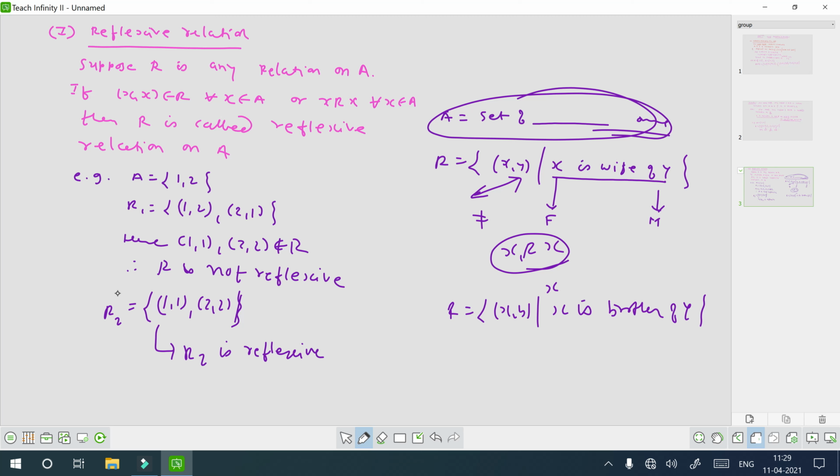Let us consider Manu, Kanu, and Mona. Manu is a brother of Mona. Manu is a brother of Kanu. But we cannot say Manu is a brother of Manu.